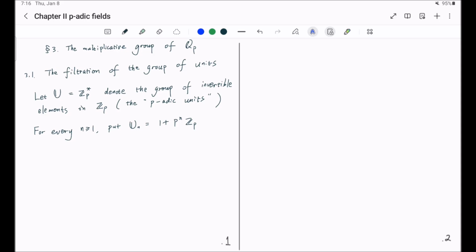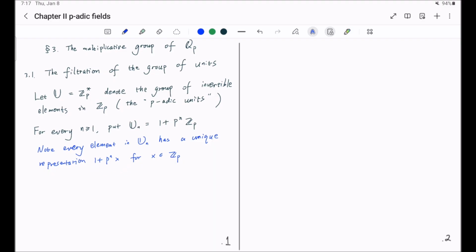Note that each element in U_n will have a unique representation 1 plus p to the power n times x for x in Z_p. Why is this representation unique?